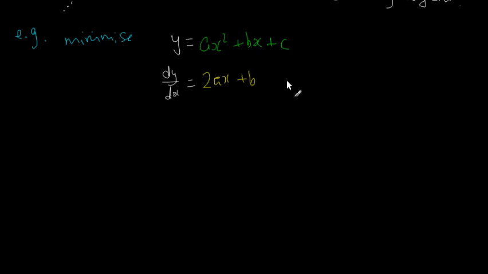I say that at the minimum, this must be equal to 0. And when this is 0, then I can solve this and find x is equal to minus b over 2a.